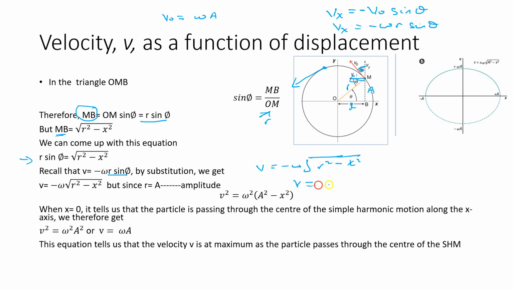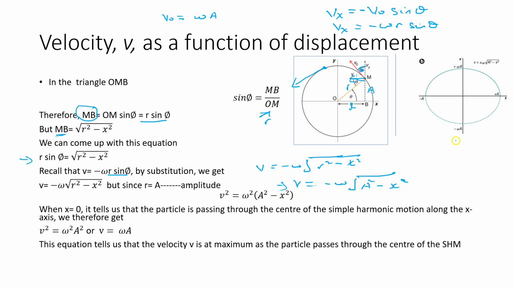So V is equal to minus omega times the square root of, well, A squared minus X squared. This right here is basically showing us an equation that links the displacement and the velocity.